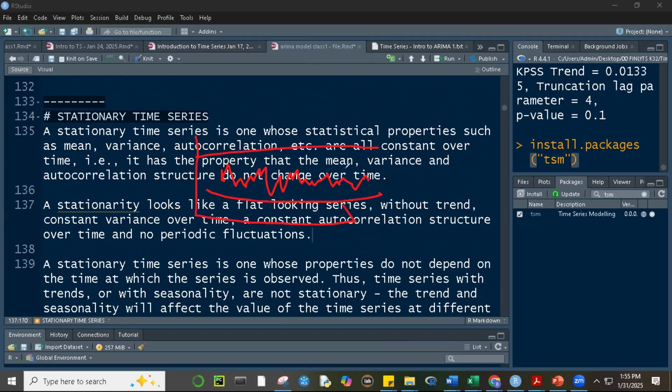It's flat, no trend and no seasonality. Non-constant variance.